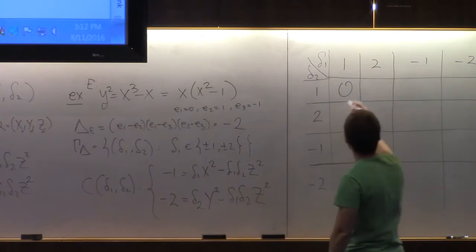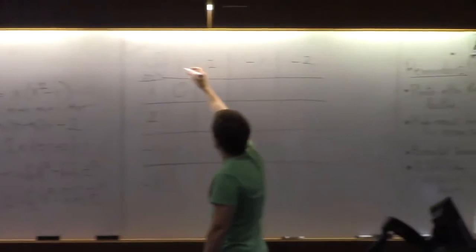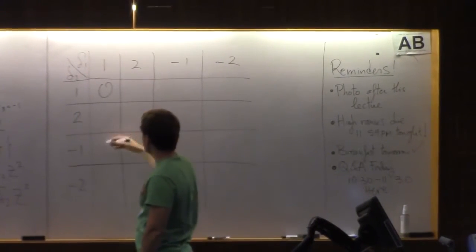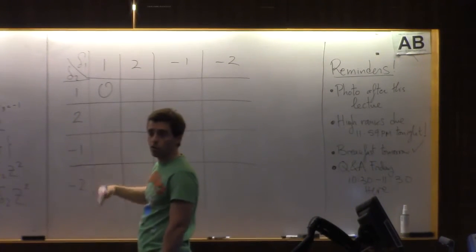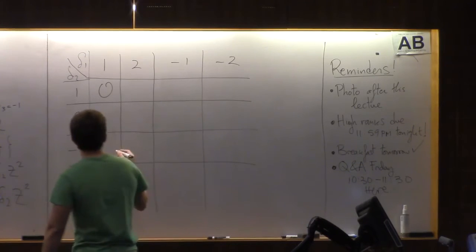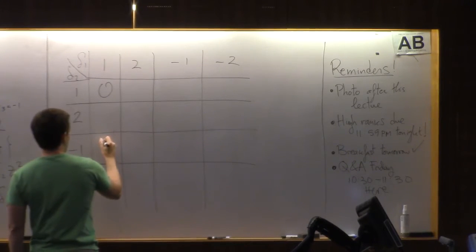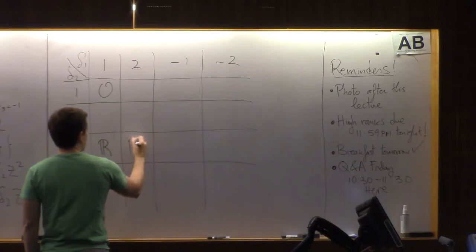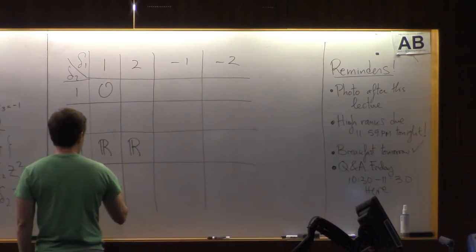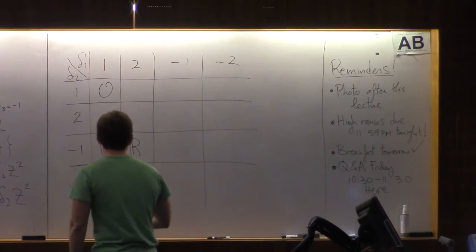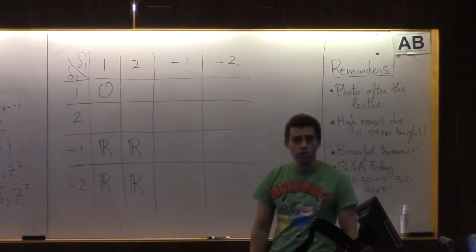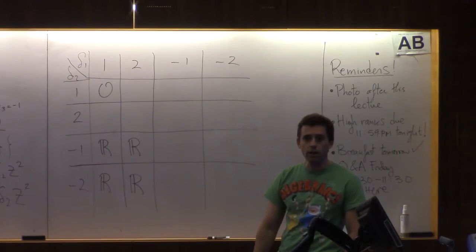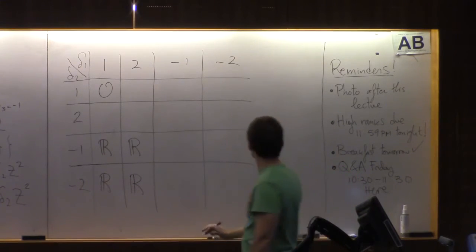Okay? So when delta 1 is positive but delta 2 is negative, those are impossible. So I'm going to say that over the reals there are no solutions, and I'm going to put an R there to mark that.